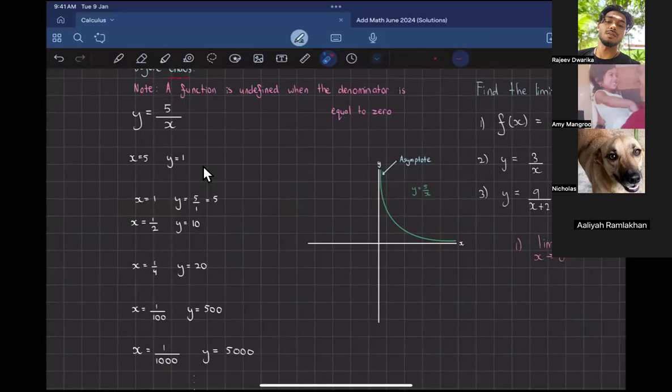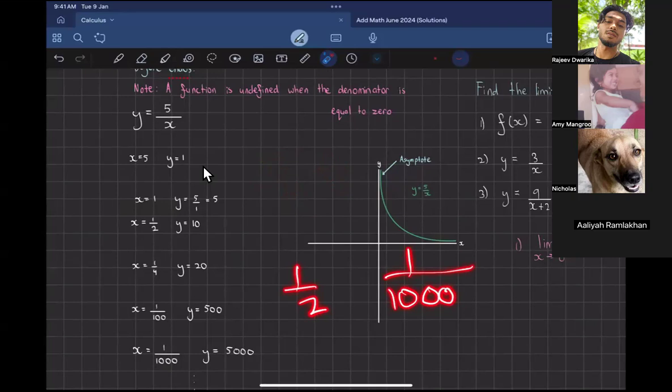So that's supposed to be equal to zero, because think of it from a mathematical standpoint. What is bigger, a half or a quarter? What about a half versus 1 over 1,000? A half.